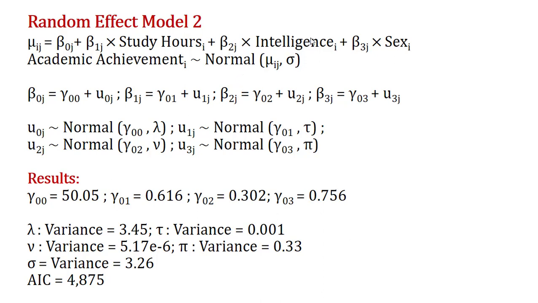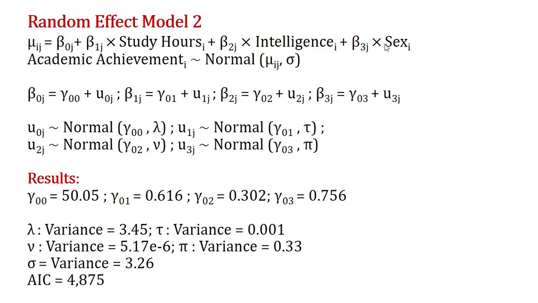For intelligence it is the same. We've got a mean effect of intelligence on academic achievement, and these are the differences between the effect of intelligence on academic achievement in each region against the mean fixed effect, and the same for sex.